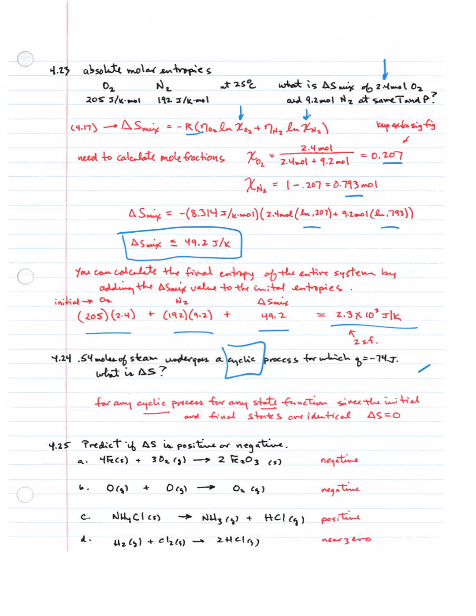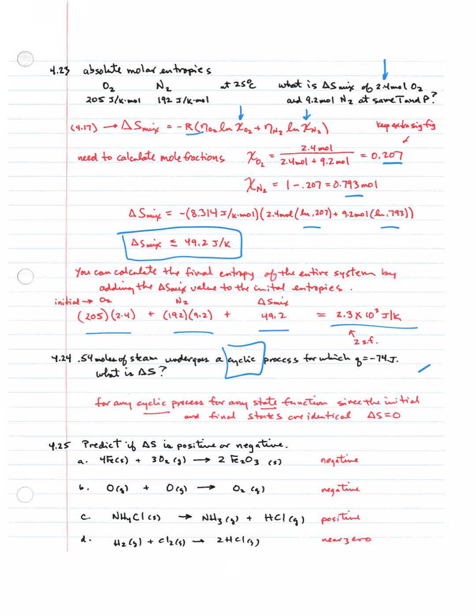Like the Carnot cycle, or really any engine or motor that is operating in a heat engine context, for any state function in a cyclic process, since the initial and final states are identical, the delta S or the delta U or the delta H is going to be 0. Now the Q's and the W's are going to be dependent on the individual steps, and you could calculate those, and those are not likely to be 0. But for the state functions, all you care about is that it's a cyclic process.